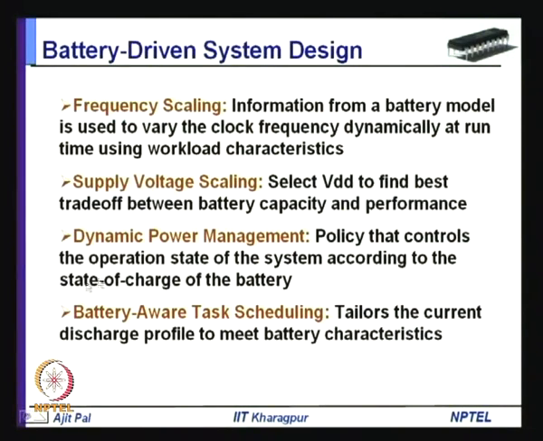Again you can turn it on. That means, you can do what is known as power management. So, you can shut down, turn on, and you can give required recovery time for the battery to get more actual capacity. Then we can do battery aware task scheduling. This tailors the current discharge profile to meet the battery characteristics.